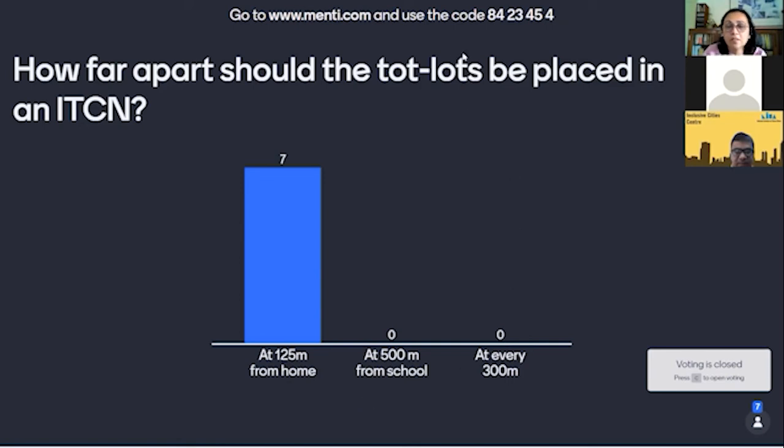Right. The answer is actually at 300 meters. The size we said was about 50 to 125 square meters.